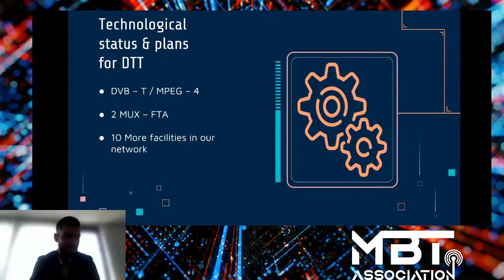The plan for the future of DTT is to keep developing our terrestrial share. We are currently transmitting to 98% of the territory of North Macedonia, and we are planning to upgrade our network with 10 more facilities.